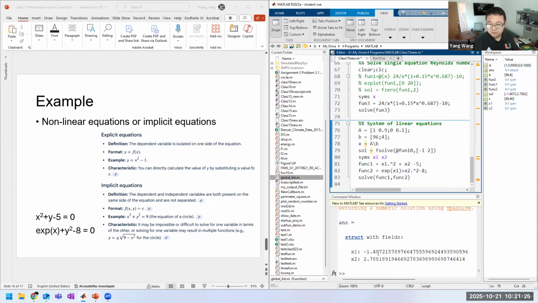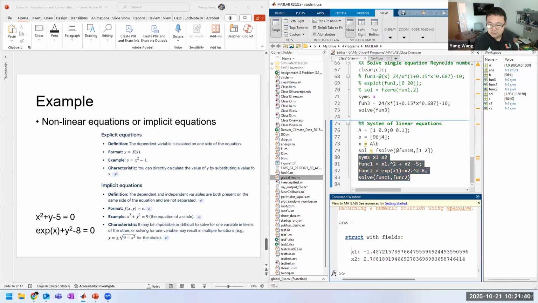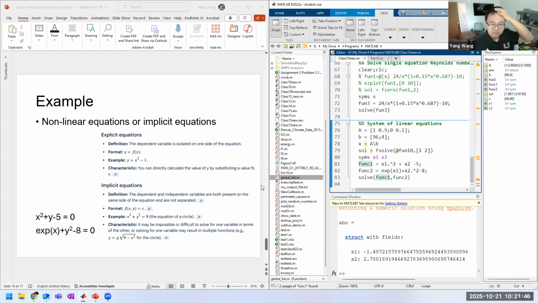Then you can see that these two give you exactly the same answer. But for these higher order or nonlinear equations, they could also have multiple roots, so then they could be different. And the problem for the solve function or the symbolic mathematics is that it doesn't give you multiple roots, right? So under that situation, I think we still need to make the plots.